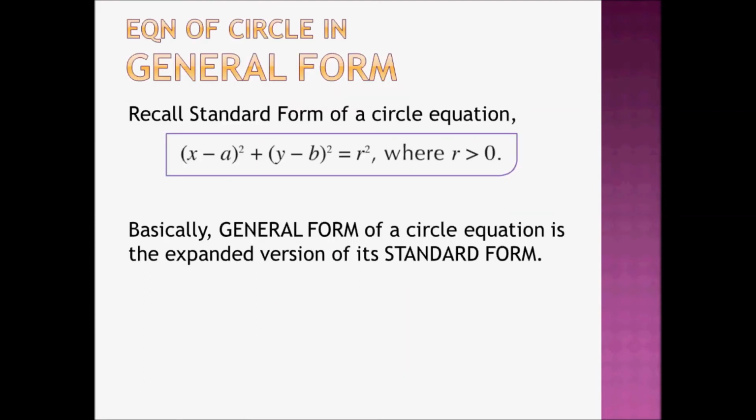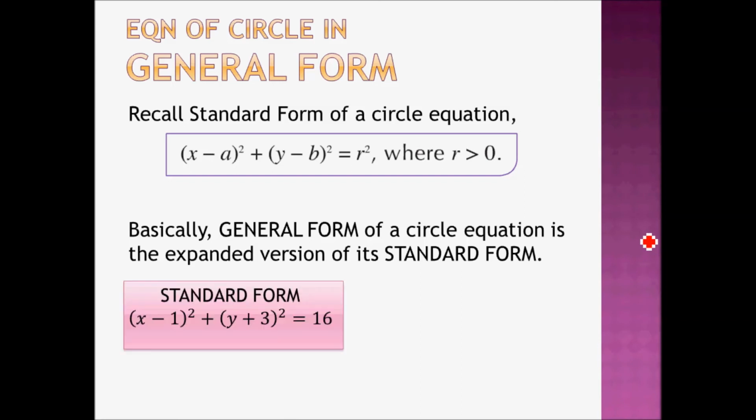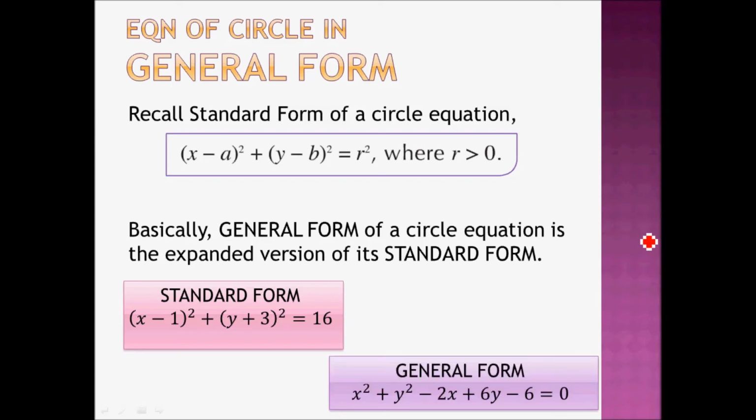Next, we will be moving on to the general form of the equation of a circle. Recall the standard form as such. Now, basically, general form of a circle equation is the expanded version of its standard form. For example, if you have this equation in its standard form, the general form would be this after you have expanded the standard form.